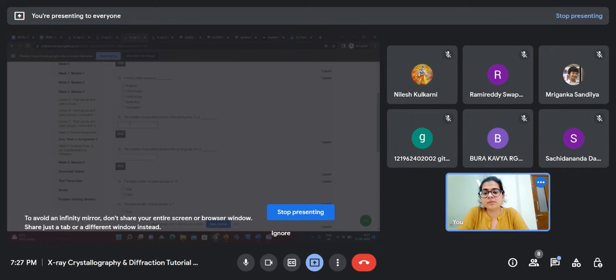Can someone tell which crystal system the point group 1 bar belongs to? How many crystal systems are there? Seven crystal systems, right?